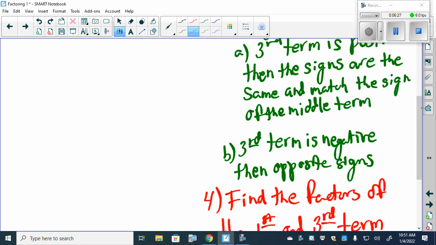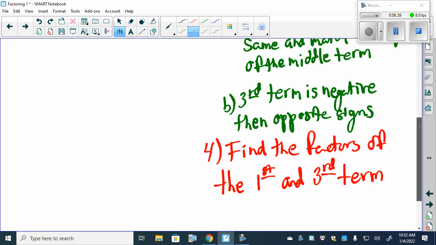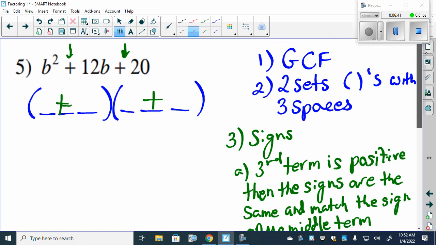When we look at this here, the first term is b squared.